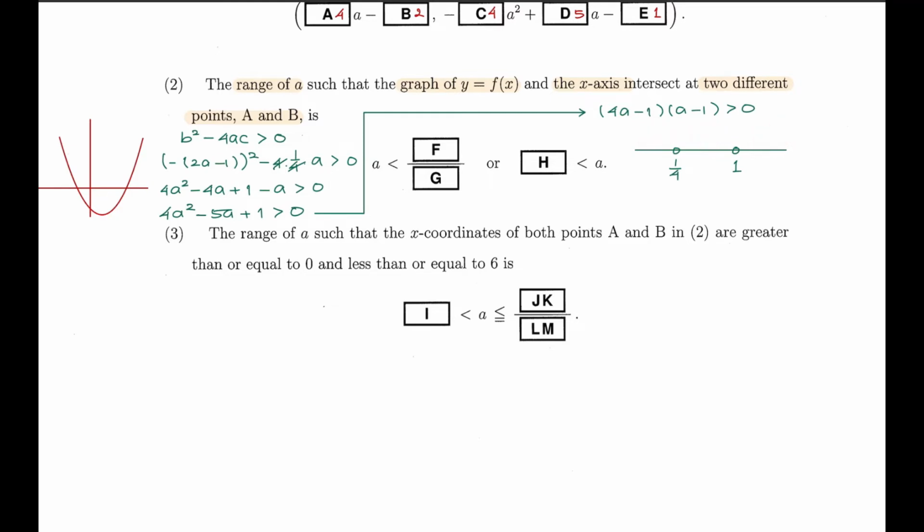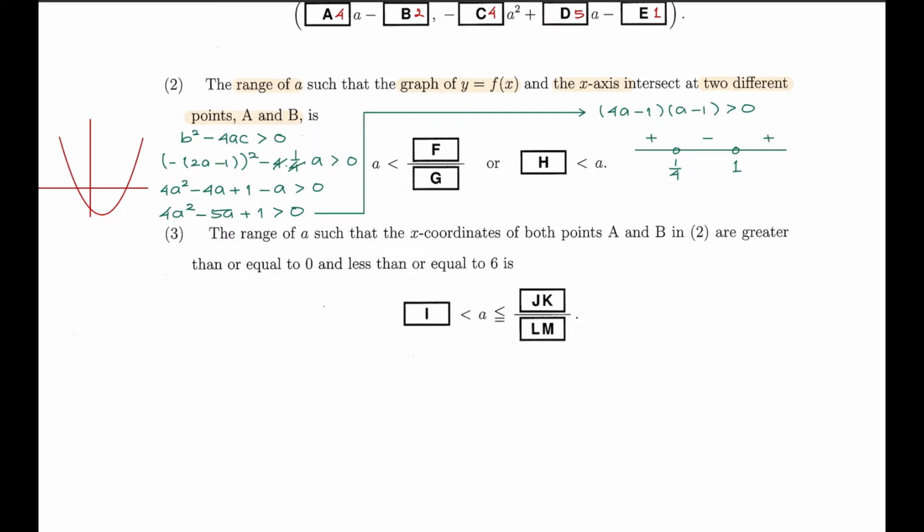Let's say I substitute 0, 0 is in this region. If I substitute 0 to that equation, then I will obtain positive. So in this region, the sign is positive. And then in this region, the sign will be negative. And then in that region, the sign is once again positive.